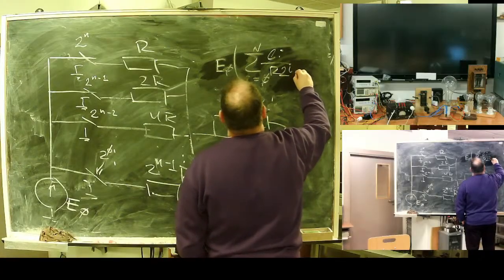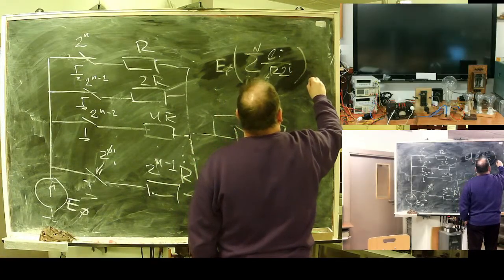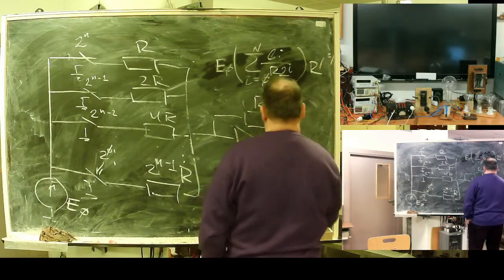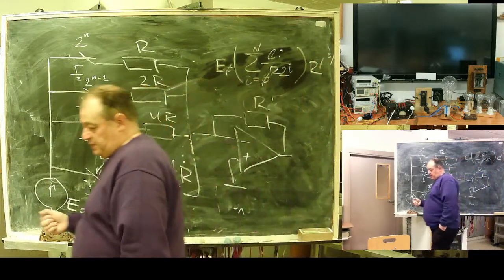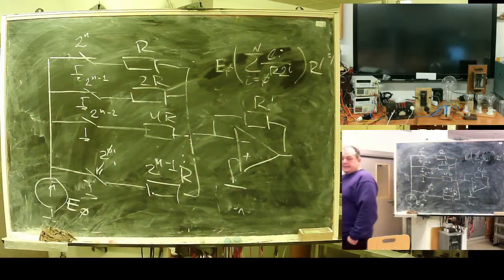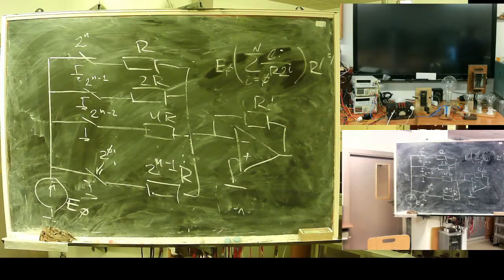It should be something like this, and multiplied by R3, something like this. This is a nice thing, but because we need production of such a weighted resistor matrix, it can be expensive.